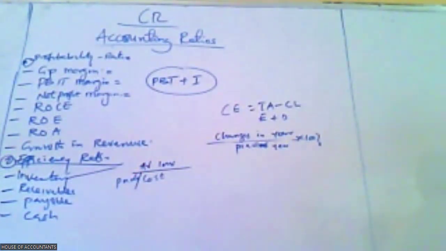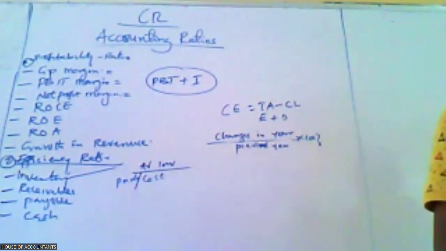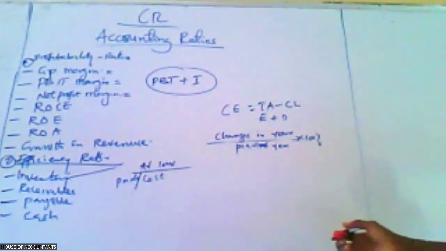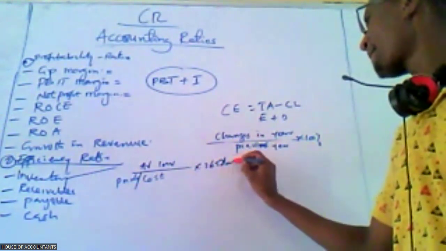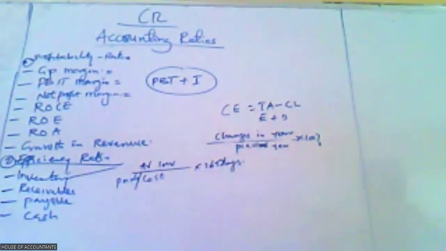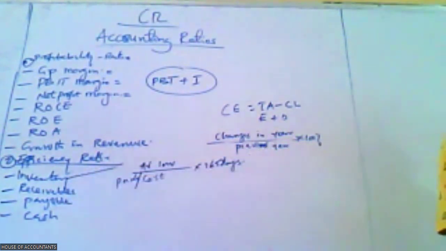Purchases is the main formula, but where there's no purchases in the question, you use cost of sales as a substitute. Then multiply by 365 days. That is the inventory holding period.